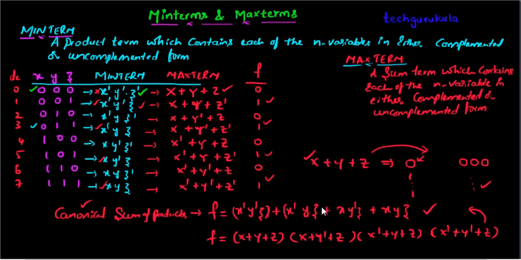It is called canonical because we are using the standard way of representing by using minterms. Similarly, this one we call canonical product of sums. In short form, people usually call it SOP, and this one POS.